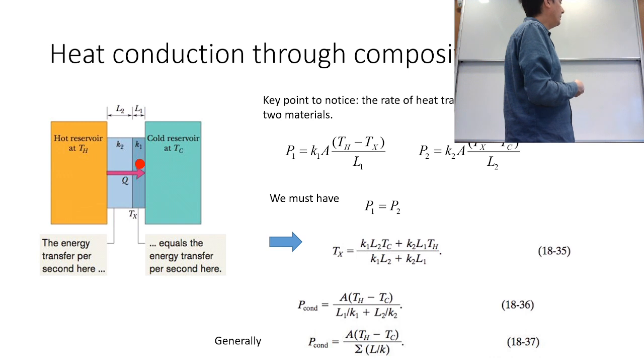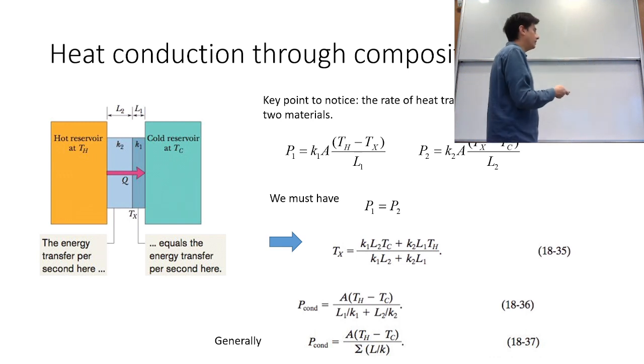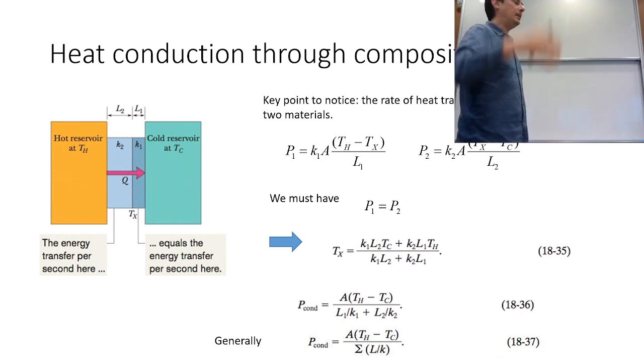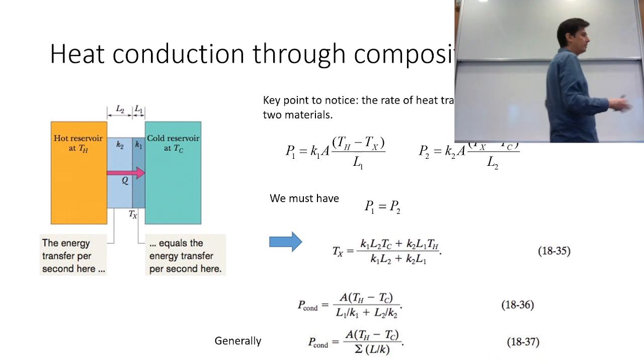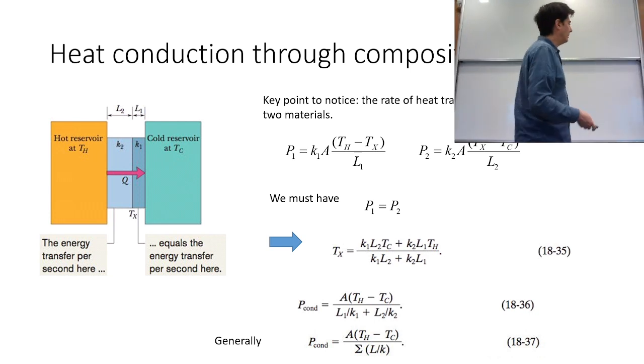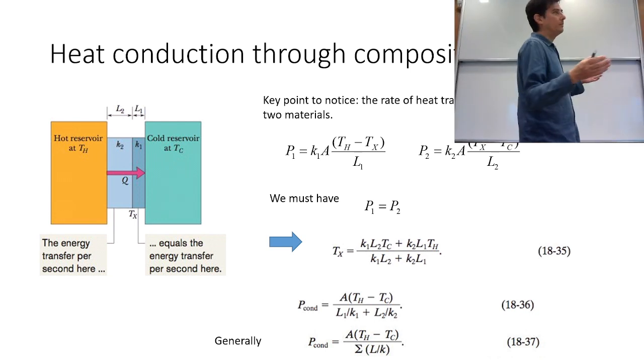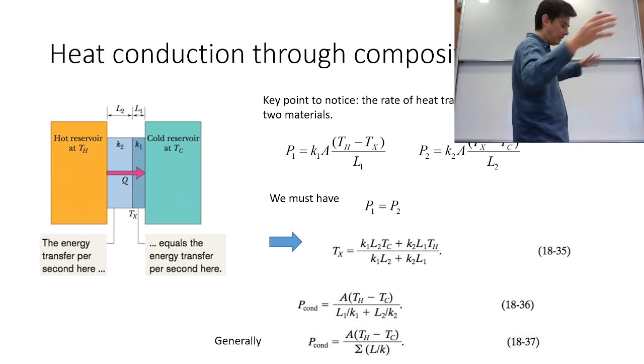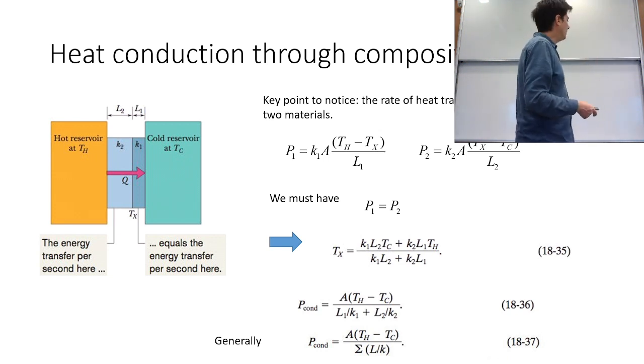The thing you need to know is that, as long as the dimensions are the same, and usually they are, for example the cross-sectional area, the power going through material 1 is equal to the power going through material 2, because energy isn't lost to the side if the slab is large.